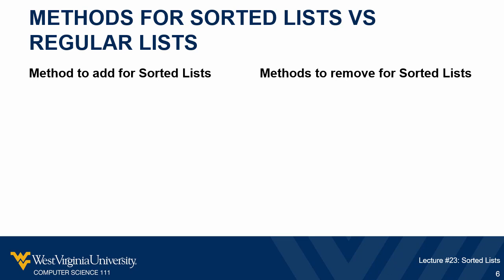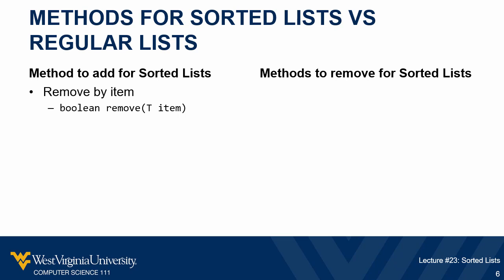When we work with a sorted list, as compared to a regular list, we're normally going to add a mechanism to remove by a particular item. Strictly speaking, we don't necessarily have to do this, but this is something that is relatively common in this sort of implementation, and we're going to support. So we'll provide a remove method that's going to take the item that we're looking to remove.